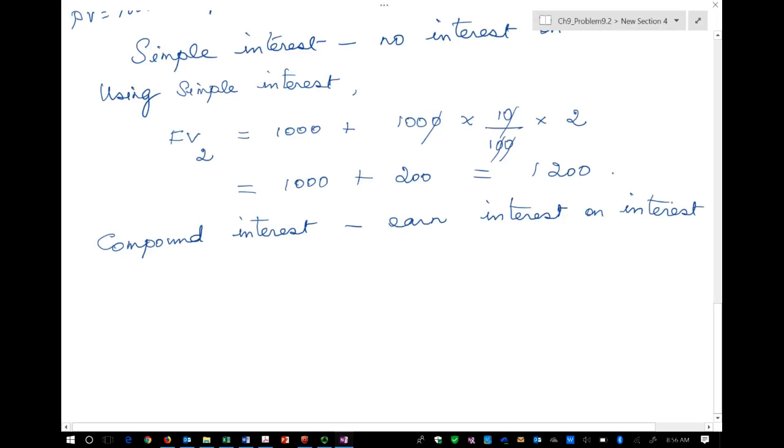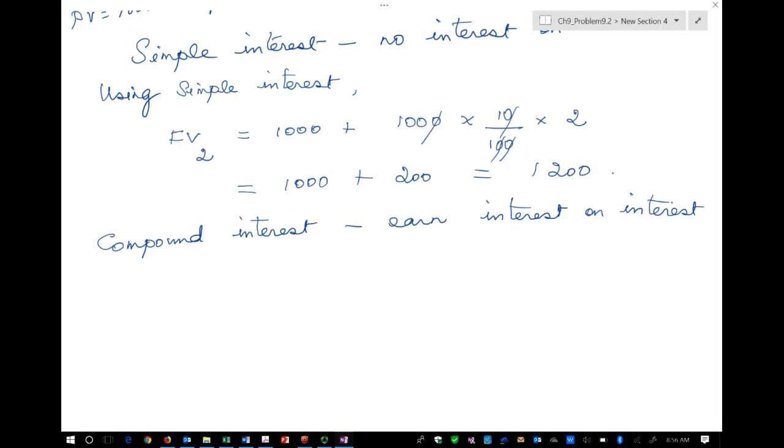If we don't understand this, then you will underestimate what you will get on your savings, and you will also underestimate what you will pay on your loan. Most people made this mistake when they got into various mortgage loans prior to the subprime crisis. You need to know what your commitment is.